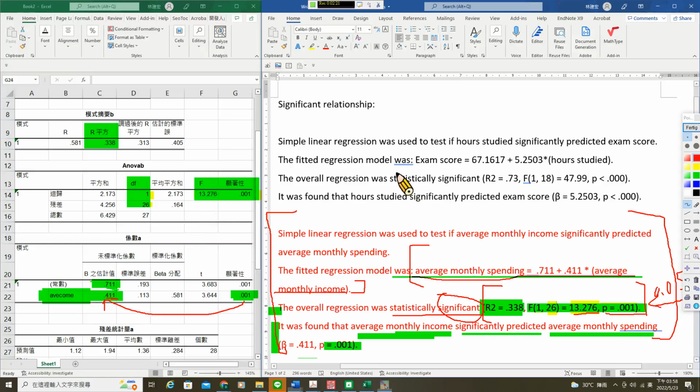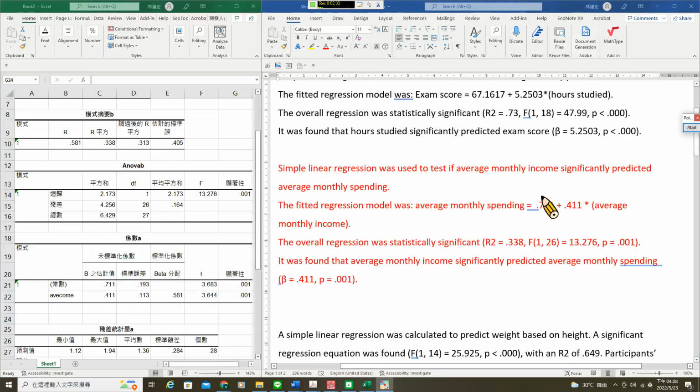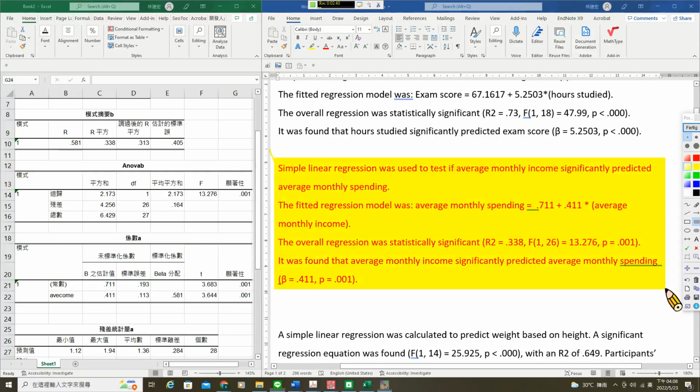Okay, now, any questions so far? If not, let's move on to another way of writing the report. Have you noticed that this one is not very natural? It's just like a robot. This is very similar to robot writing, right? Very strange. Yes, indeed.